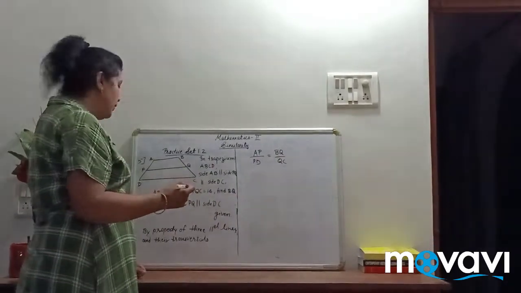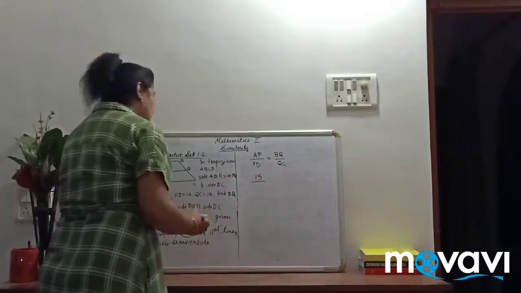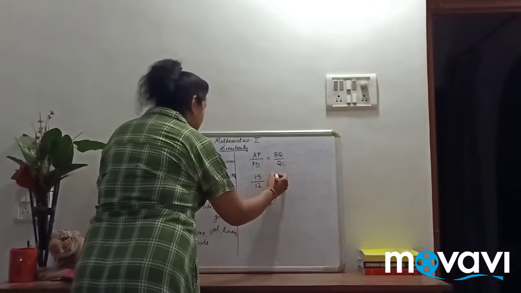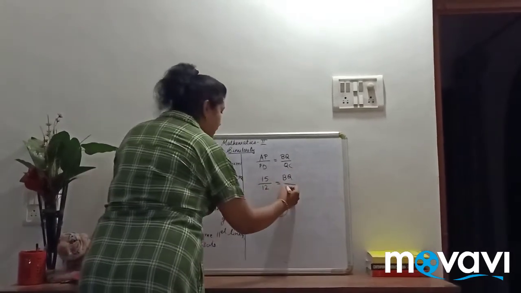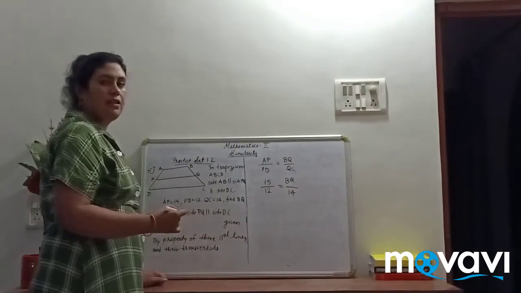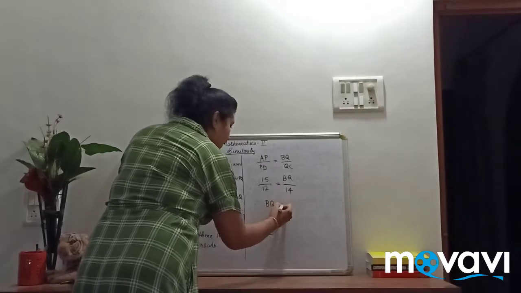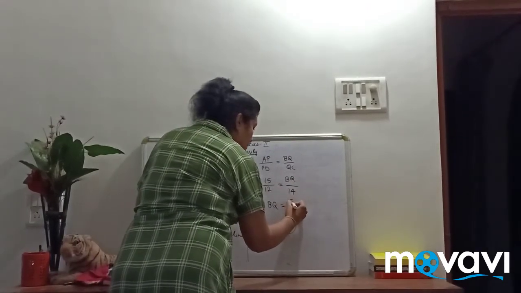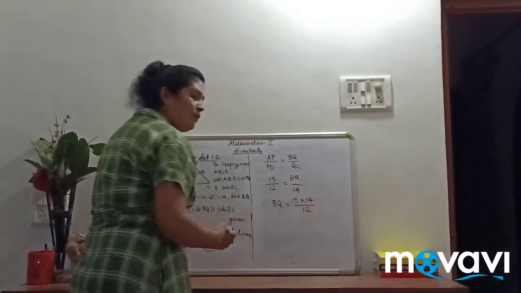So let us substitute the values. What is AP? 15. What is PD? 12. BQ, we are supposed to find. QC is 14. So I'll just get BQ onto my left hand side and all the numbers onto the right hand side. So this will become 15 into 14 upon 12.